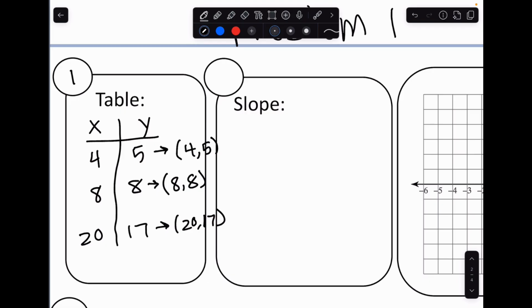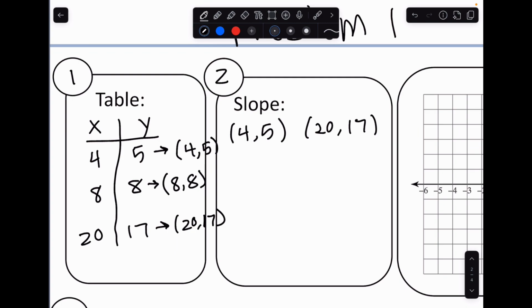So, if we look for slope, right, our slope's important. We always need a point, which this table gave us 3. And we need a slope for anything that we do. So our slope, we got to pull 2 points from our table. I'm going to choose to pull 4, 5 and 20, 17. Again, I could have pulled 8, 8, but I'm just choosing these 2 points. Now I have to label.